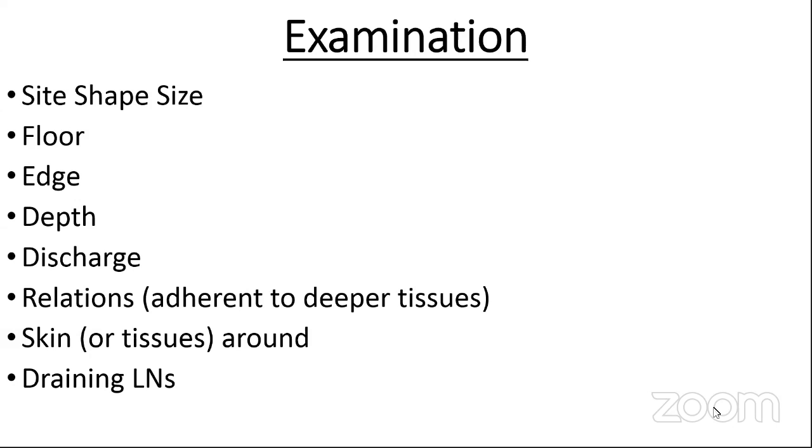Now, shape of the ulcer. Usually, the ulcer shape can be oval or circular or elongated or irregular. And size, you have to measure in centimeters, in two directions, vertical as well as horizontal. And then you must say that in relation to a bony point.